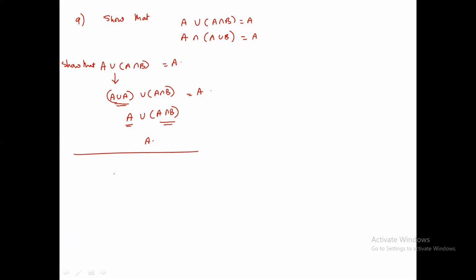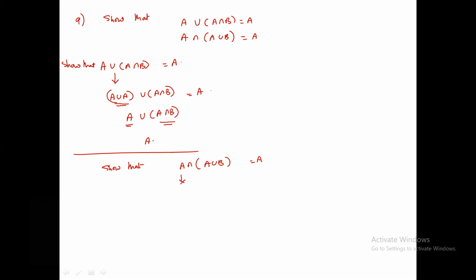Okay, second one. Show that A intersection (A union B) is equal to A. Again, we will use distributive law. A intersection A union A intersection B. I'm using distributive law here.